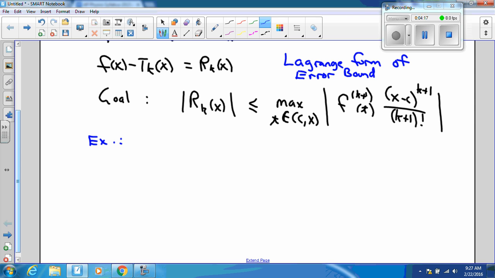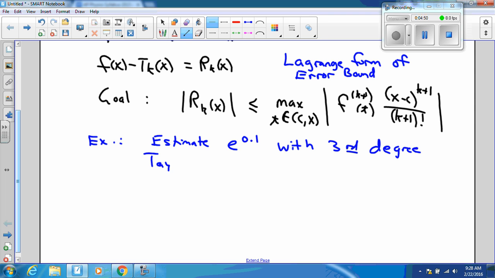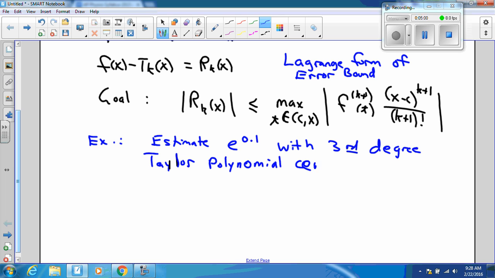So let's do an example here. What we'd like to do is to estimate, let's say, e to the x with a third degree Taylor polynomial, and then we'd like to estimate the value of e to the 0.1 with a third degree Taylor polynomial, centered at c equals 0, centered at x equals 0.